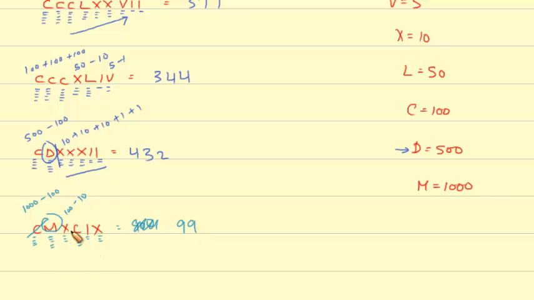And then over here, our next greatest value is an X. We've already used this X over here, but we have an X right here. So that's 10, but we have an I before that, which is of lesser value. So we're going to subtract 1, and then we have 9. So 999.